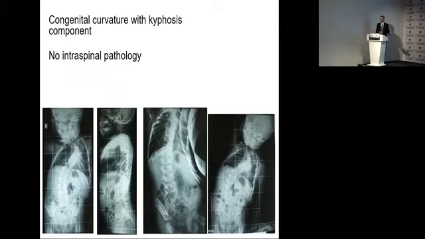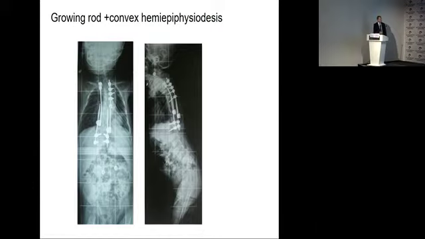So we needed to do everything at this stage. We did a kind of hybrid operation here. We did a convex hemiepiphysiodesis together with growing rods. We tried to stop the progression at the convex side, and try to lengthen and distract the concave side. This was our plan.